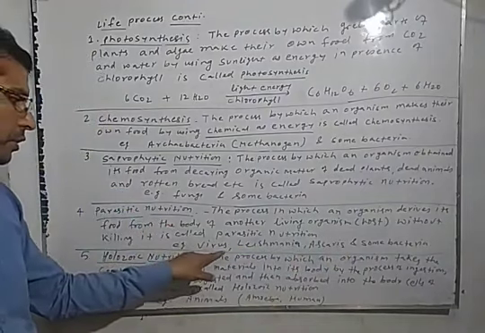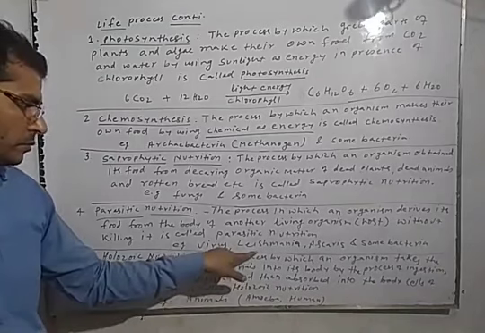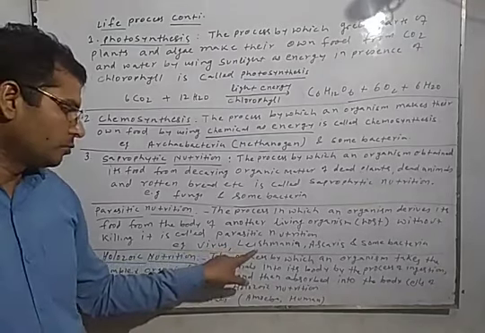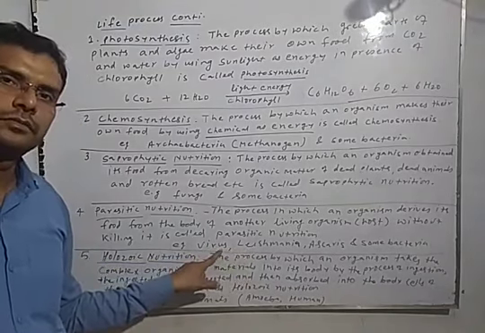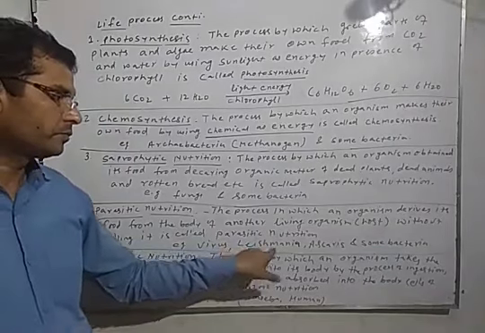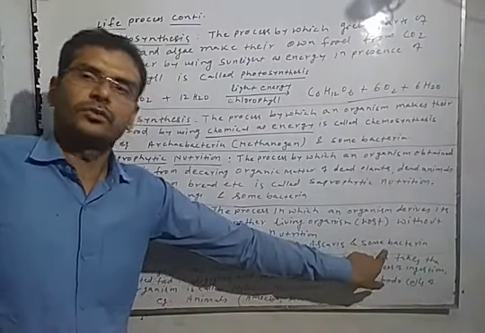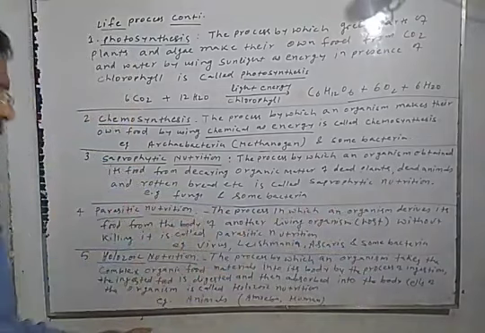Examples of parasitic organisms: viruses, right now the most famous being coronavirus, Leishmania, Ascaris, and some bacteria are also included in the parasitic mode of nutrition.